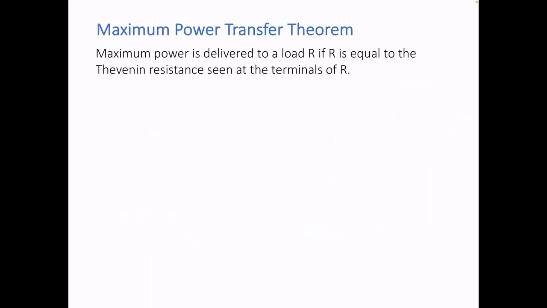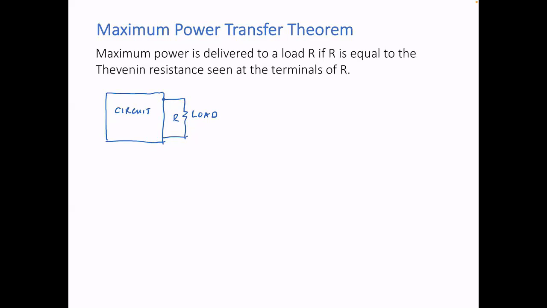So ito yung kailangan ko i-discuss sa inyo, no? Maximum power transfer. No? Maximum power is delivered to a load R if R is equal to the Thevenin resistance seen at the terminals of R. In other words, if I have a circuit, and this is my load, no? The value of the load is R. Okay.